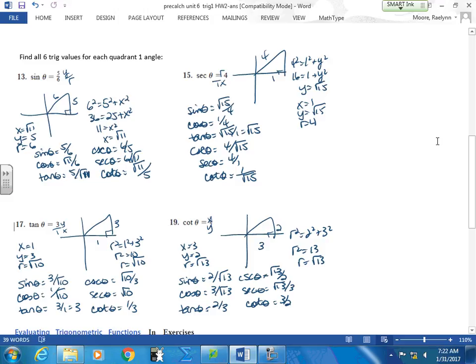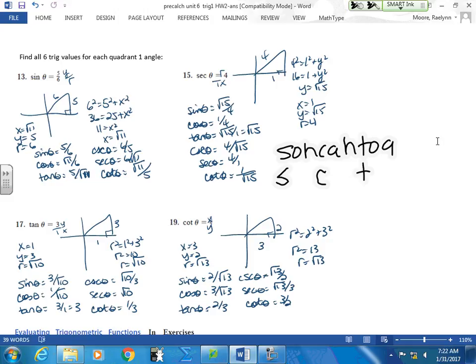All right, so now, find the pieces that you have. If you need to say opposite over hypotenuse, get used to saying y over r. Take SOHCAHTOA and change it. You still got your sine, your cosine, your tangent. Your radius is your hypotenuse. X, Y: all your A's are X's, all your O's are Y's.